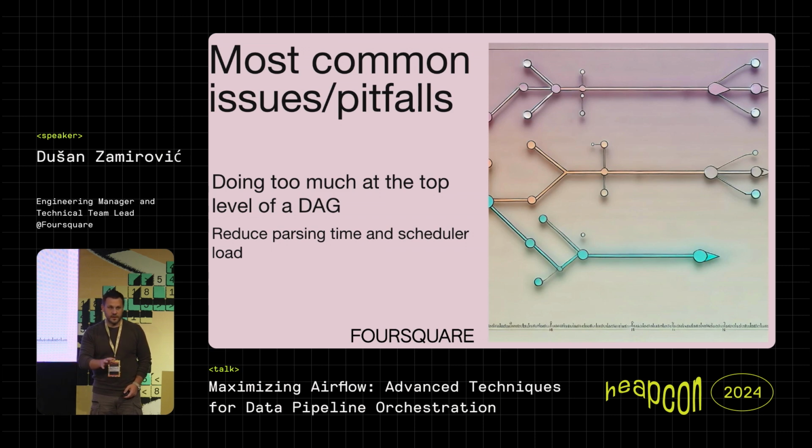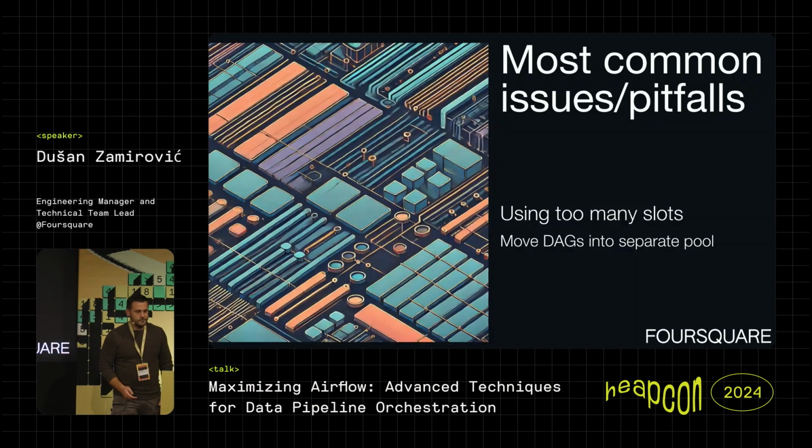As a result, your scheduler will slow down and your tasks will not be scheduled at the pace that you want. So some things might get late just because of this silly error, let's say. So this is the first one, and this is, I would say, a rookie one.